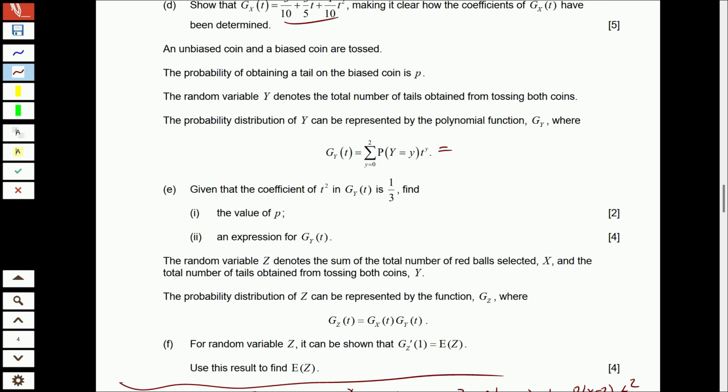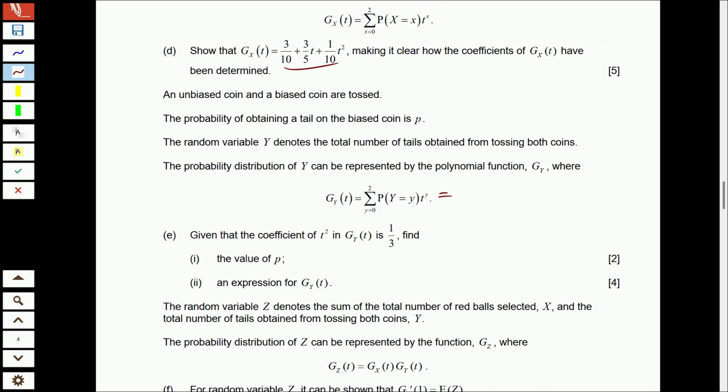This is the probability distribution of y, and y denotes the total number of tails obtained from tossing both coins, because there are a biased and an unbiased coin, right? First let's clarify this function. This is a sum of some terms.